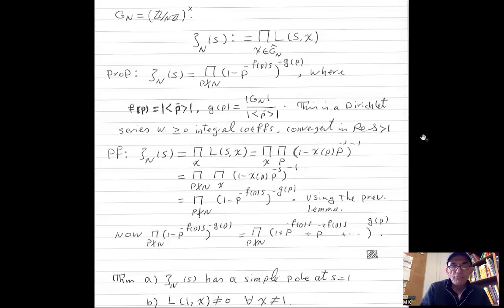Of course, for the trivial character chi 0, there's a pole for that L function. But it's interesting that if chi is not the trivial character chi 0, then the L series is defined at that point and is non-zero.